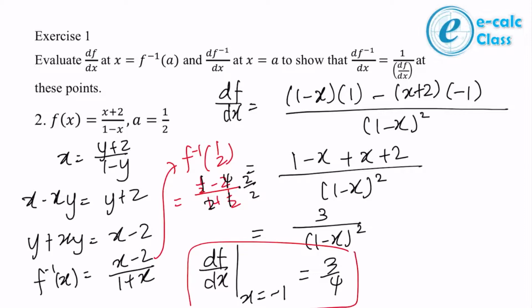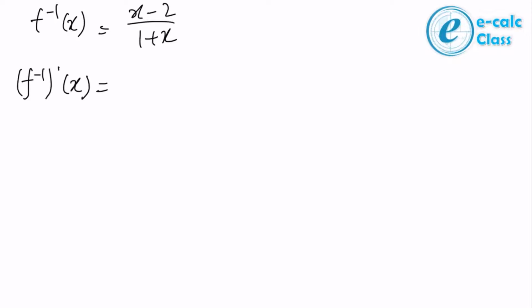Okay. Then you compare it with the next value. The next one we need to differentiate this one. So f inverse x is (x minus 2) over (1 plus x). Okay, so we just differentiate f inverse prime x, or if you like, you write d f inverse dx.